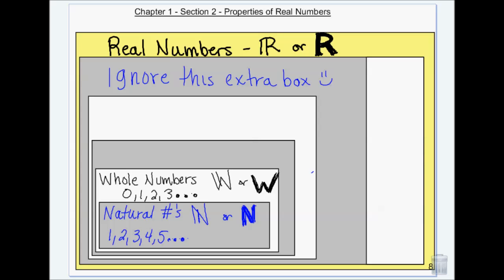Then the next doll up are the integers. Okay. And what we've added at this point is we add negatives. So we're still kind of whole number-ish. So we're all the whole numbers, but then we're also all the opposites. So we don't have any fractions, we don't have any decimals, we're just numbers, we just happen to be positive and negative.